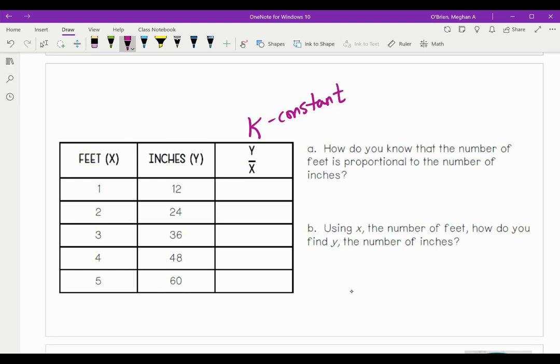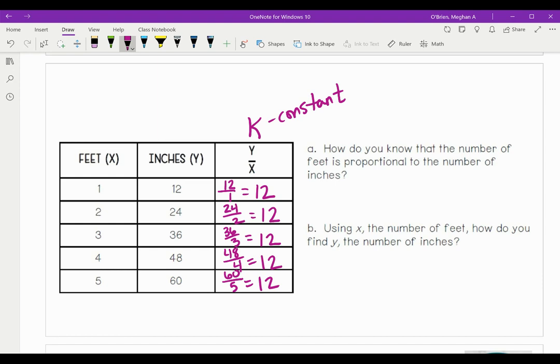Y divided by x: 12 is the y, divided by its x, 1, is 12. 24 divided by 2 equals 12. What do you notice? 36 divided by 3 is 12. This is a proportional relationship because the unit rate is the same throughout. The constant is 12, or again, the unit rate.